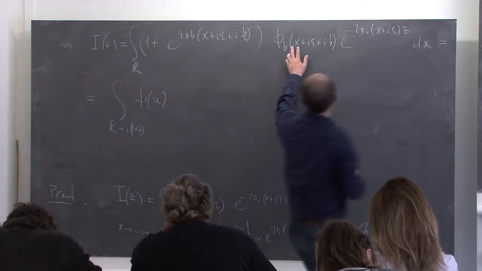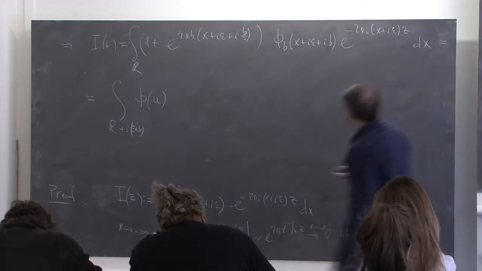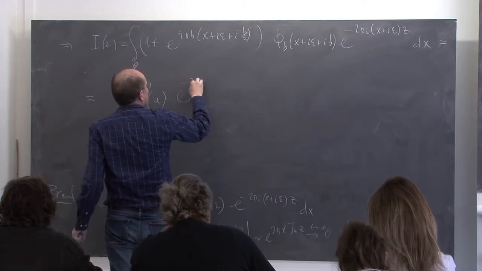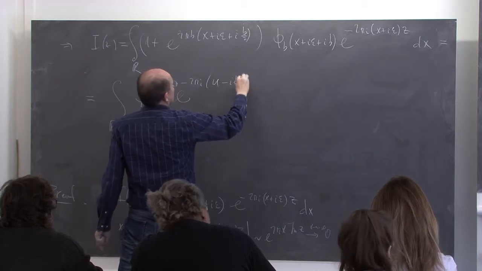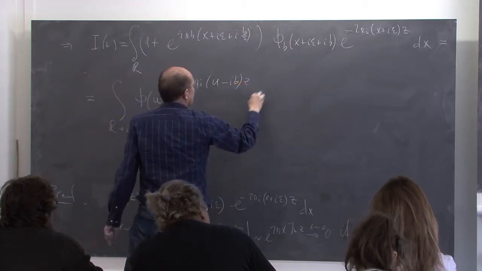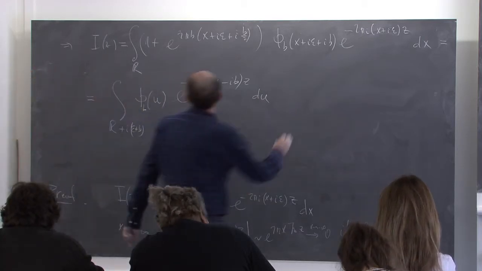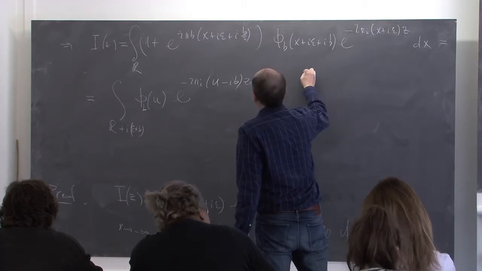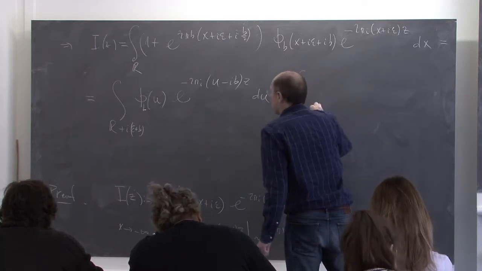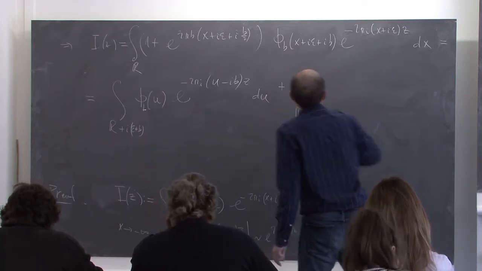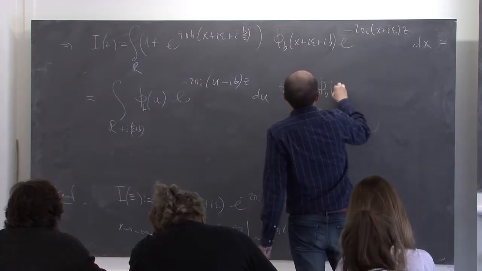Right, I'm changing the variable. This whole variable I called u. And so here we have e to the minus 2 pi i u minus ib z du. Right? This is the first term. And for the second term, plus the integral, still the same contour, i epsilon plus b, phi b of u.